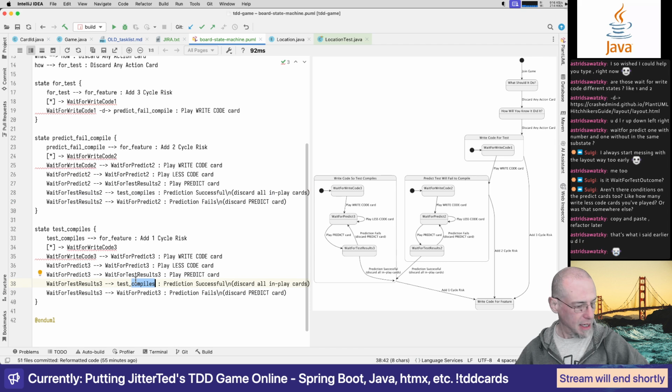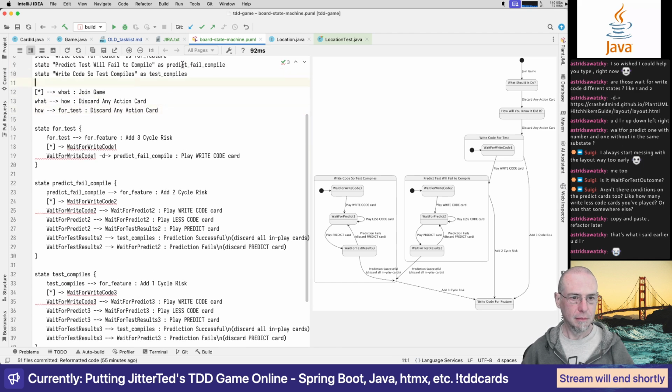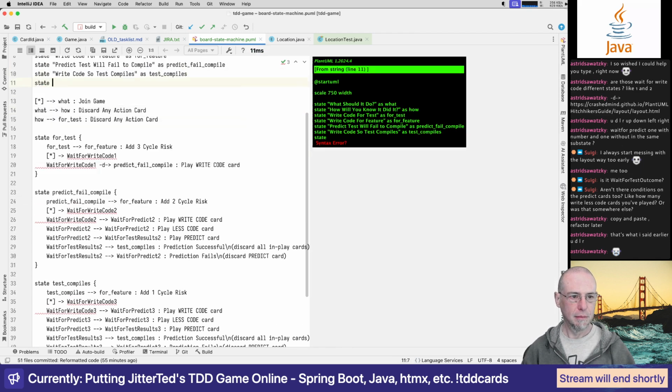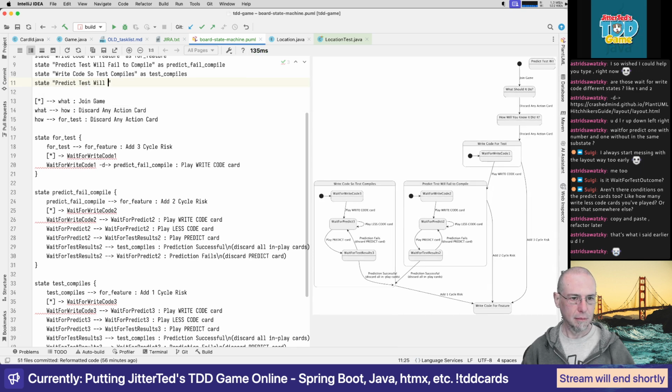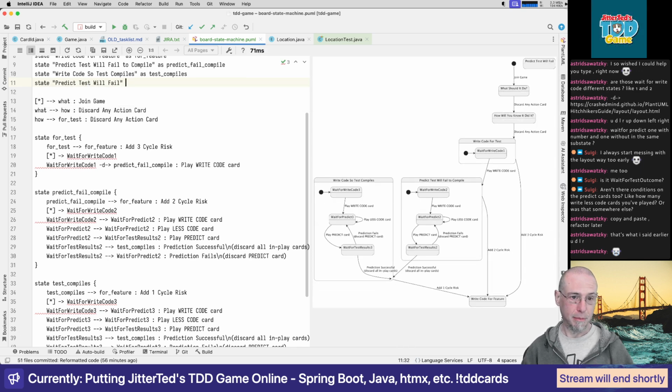This is not test compiles. This is predict test will fail, which is different from fail to compile.